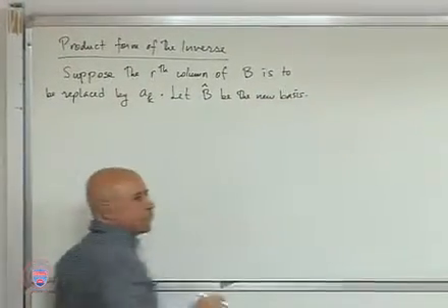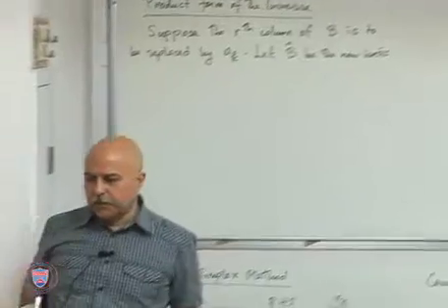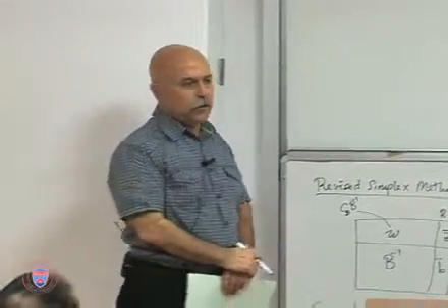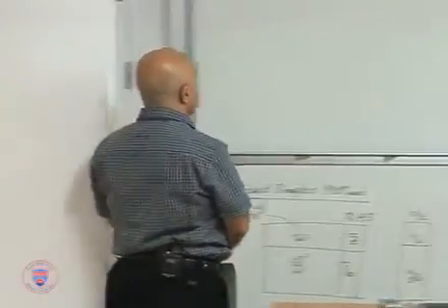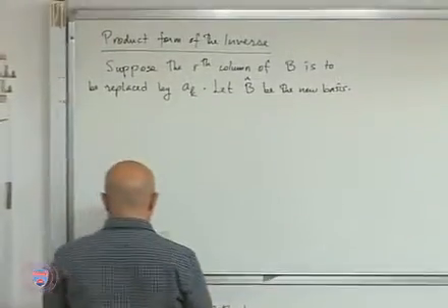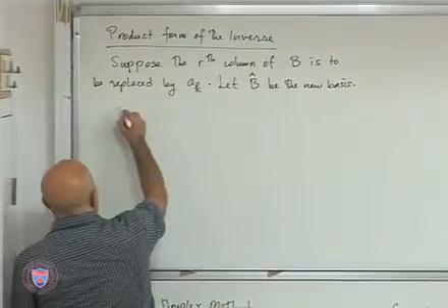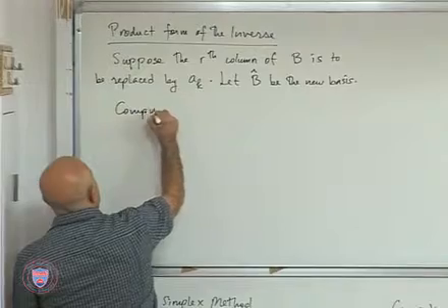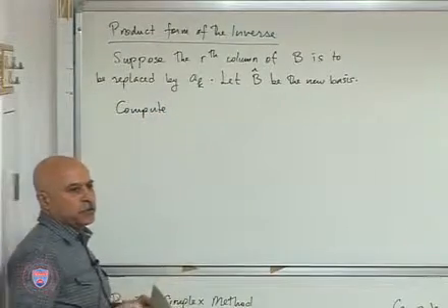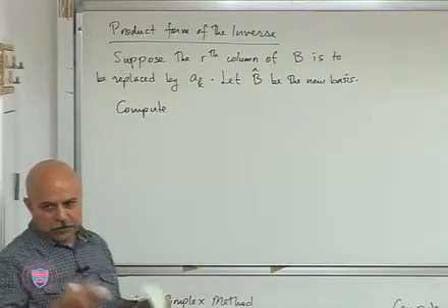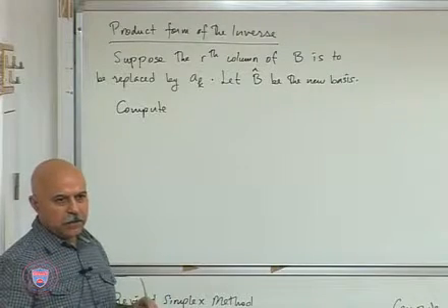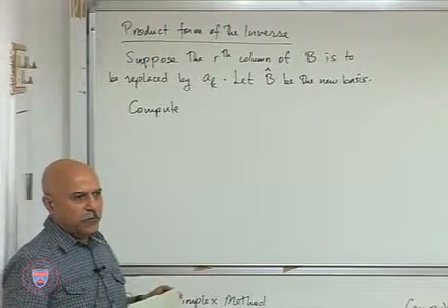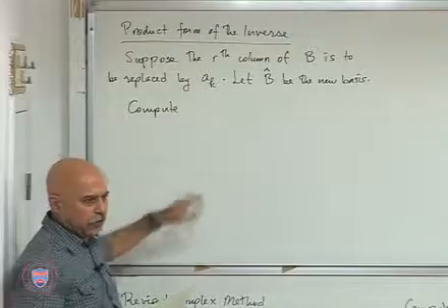After the replacement, the resulting matrix, I'm just going to refer to it as B cap. And our job is to compute B cap inverse because we work with the inverse matrices. How do we do it without pivoting? That's what we're going to go into right now.